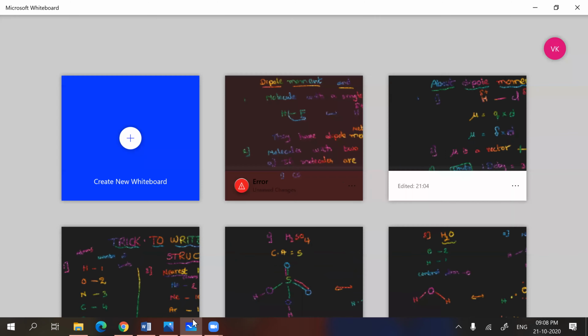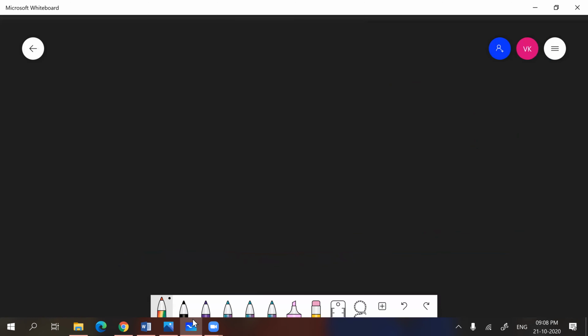Let us take one more example of the same. Second example, CCl4, carbon tetrachloride. Carbon tetrachloride has tetrahedral geometry. And in this case, chlorines are more electronegative, and the dipole moment you can show in this direction.